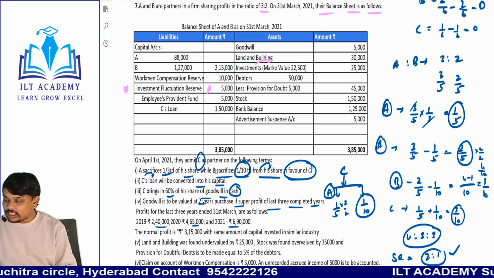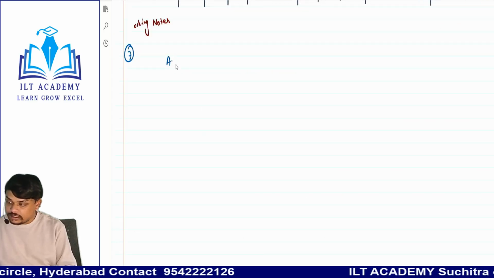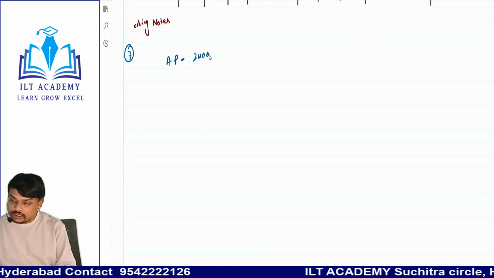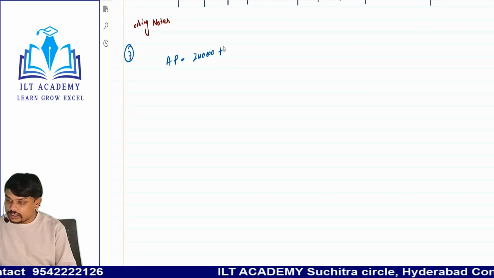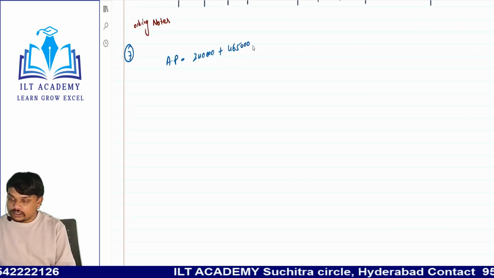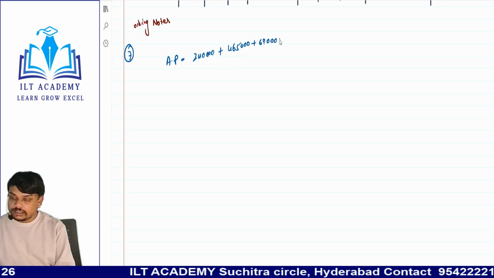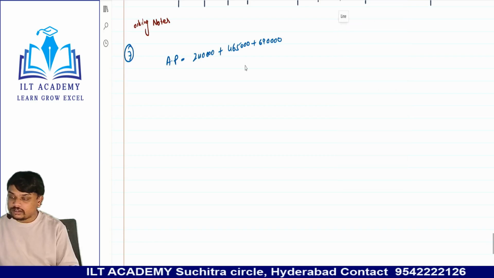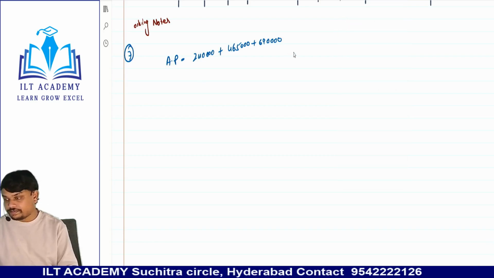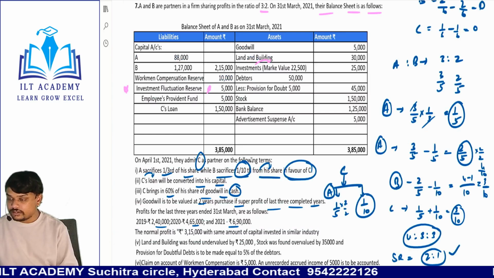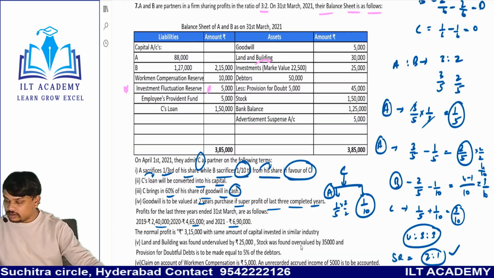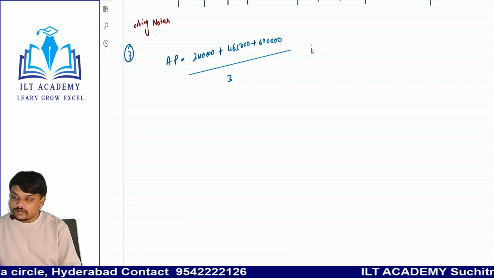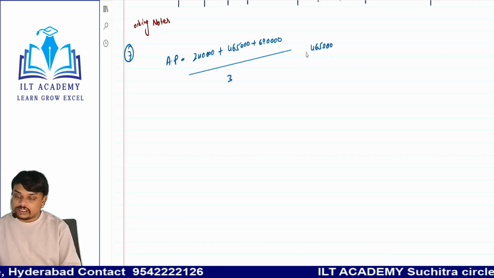Let us understand the average profit: 2,40,000 plus 4,65,000 plus 6,90,000 whole divided by 3, which is 4,65,000, the average profit.